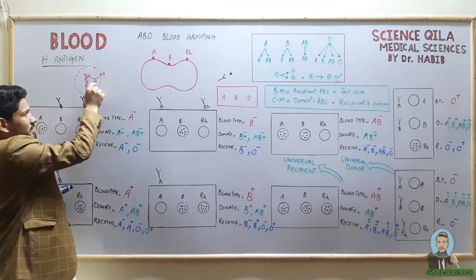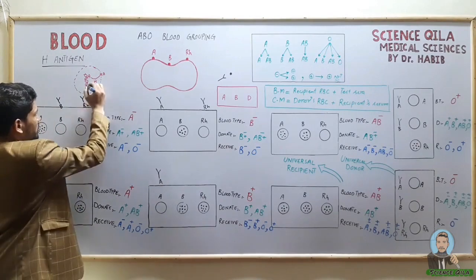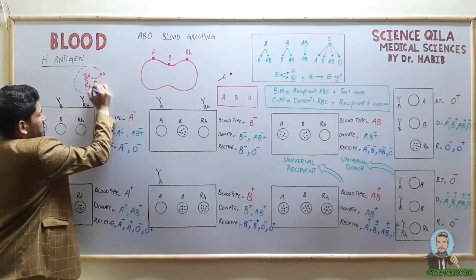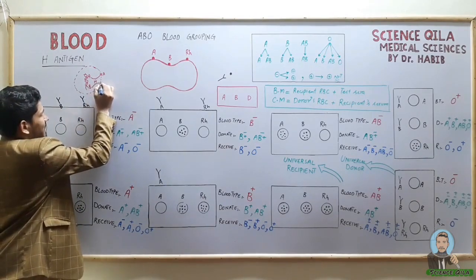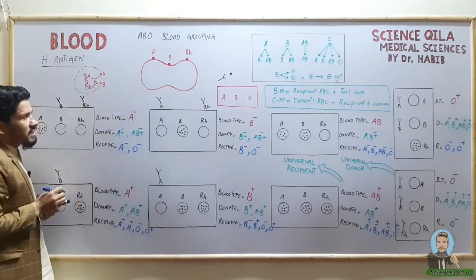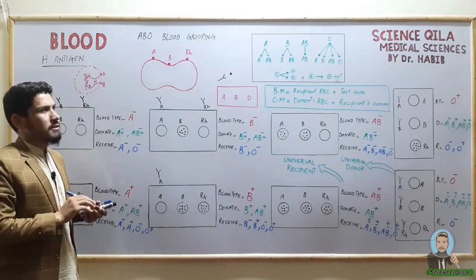So H antigen is the precursor, and if there is a gene for antigen B, antigen B will be formed from H antigen, and antigen B will be expressed on the surface of RBC.